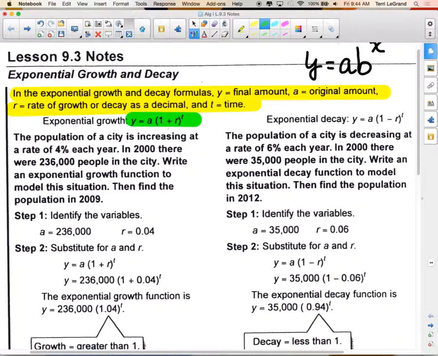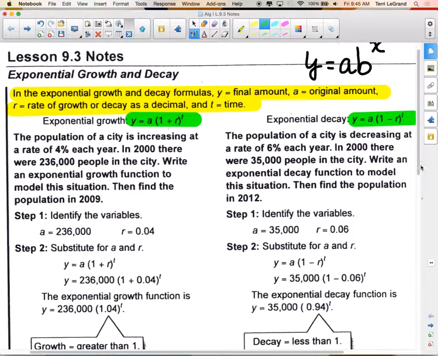And the 1 plus r is really the what, from the model? The b value. And the t is really the x from the model. And for the exponential decay, we have y equals a times 1 minus r. So the 1 minus r is really the b value again, and the t is the x value.